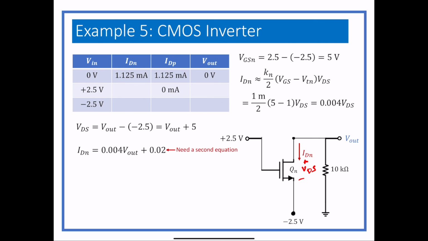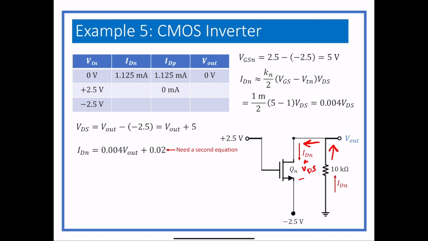So for the second one, we're going to figure out what the current in the 10 kilo ohm resistor is, because that current is actually the drain current going the other way. The drain current's going down, it's going across, so it's going up through that resistor.